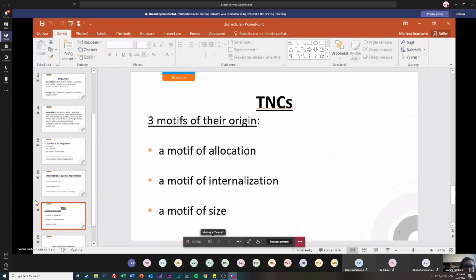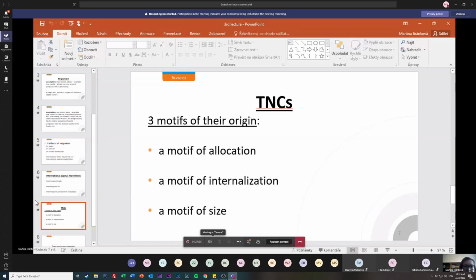So transnational corporations are a special form, and the economists were thinking, why don't countries take only normal loans? Why was this form of transnational corporations created?